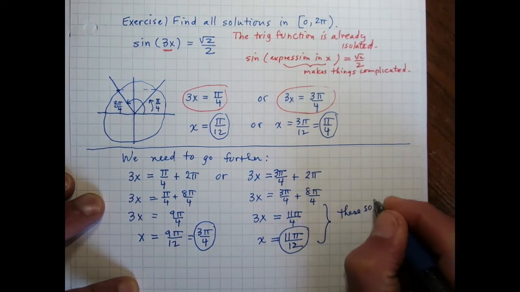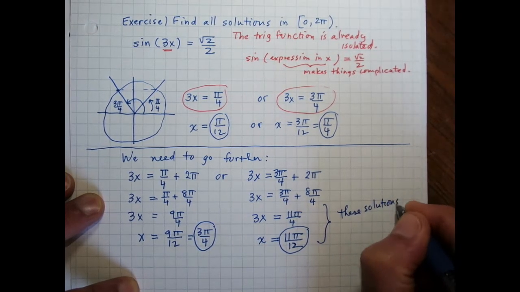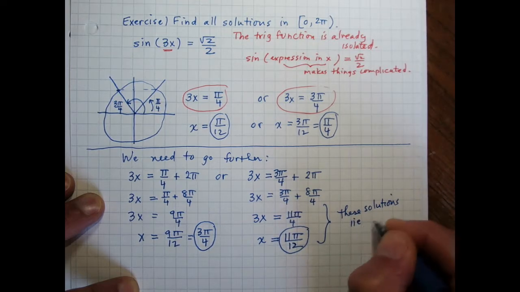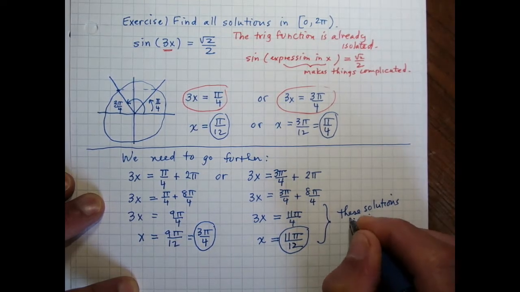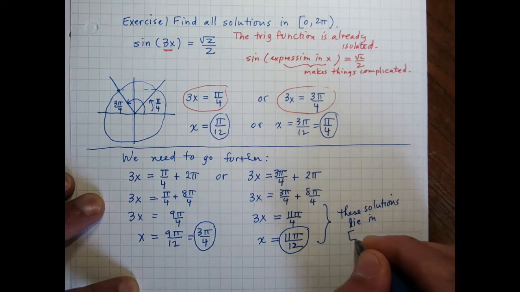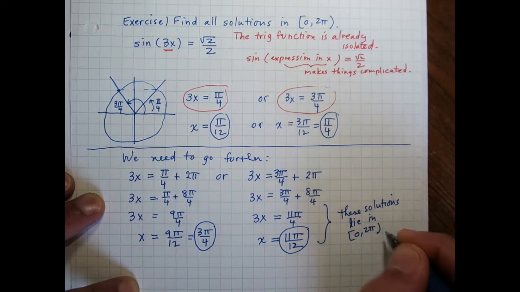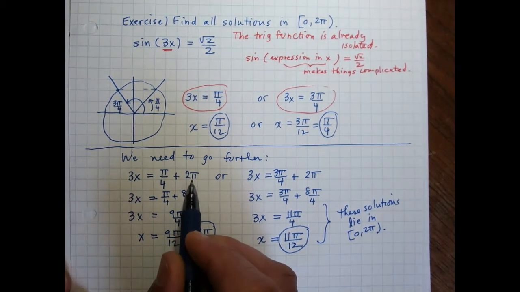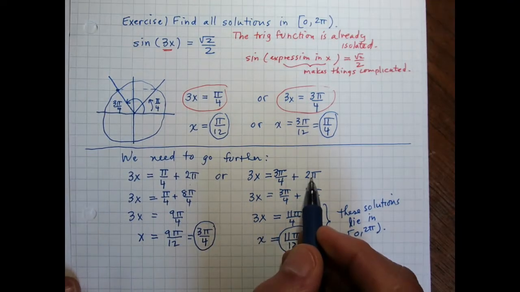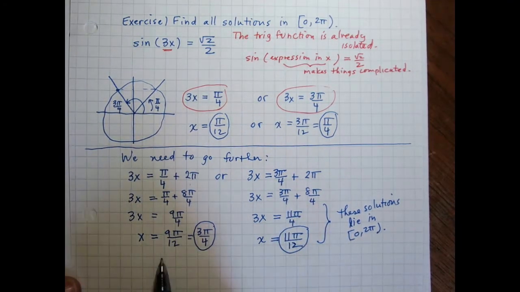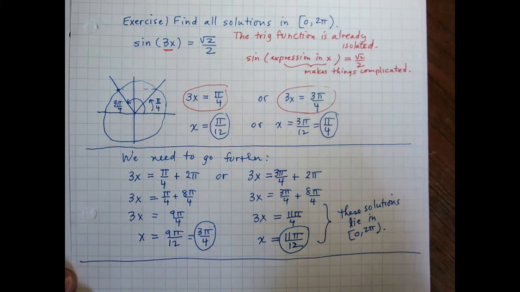These solutions lie in the interval from 0 to 2 pi. So even though we added 2 pi here and here, by the time we solve for x, we had values that were less than 2 pi.